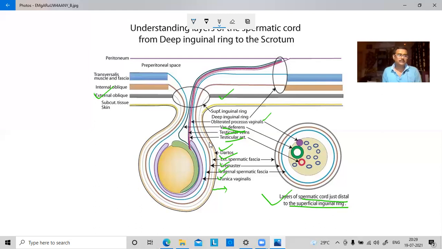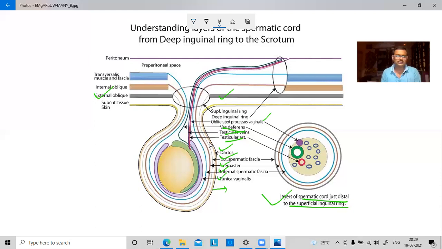Now the nerve supply is important: the anterior one-third of the scrotum is supplied by the genital branch of the genitofemoral nerve. The posterior two-thirds will be supplied by the scrotal branches of the pudendal nerve and the perineal branch of the posterior femoral cutaneous nerve.